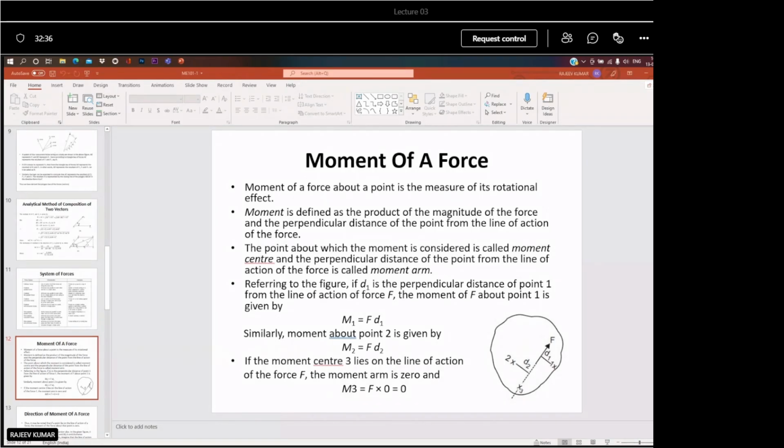So if a point lies on the line of action of the force, the moment of the force about that point is 0. You have seen that M1 is in the clockwise direction, M2 is in the anti-clockwise direction. So to find the direction of the moment, imagine that the line of action of the force is connected to the point.